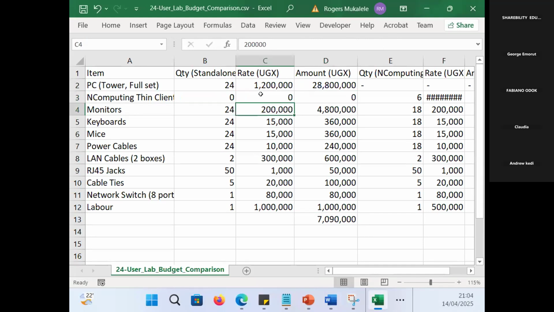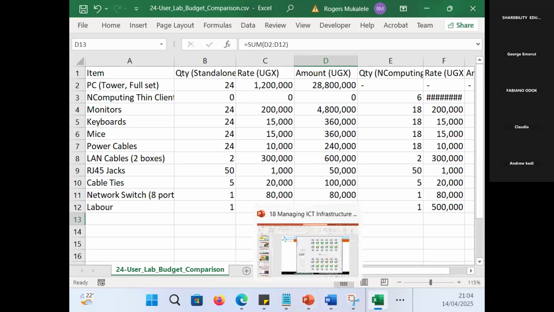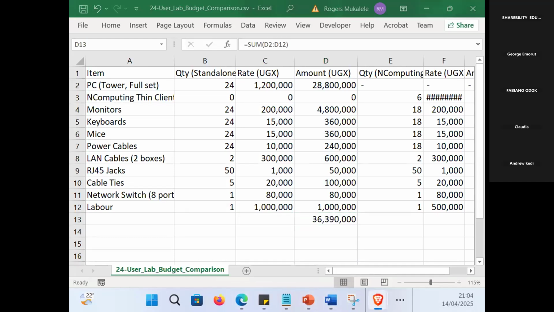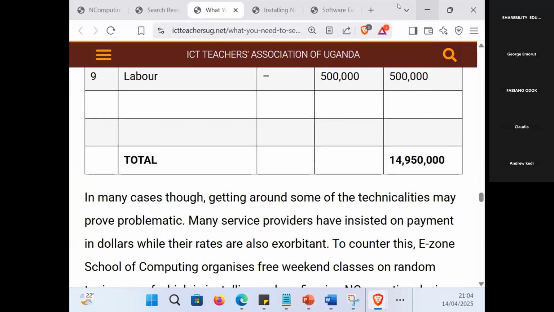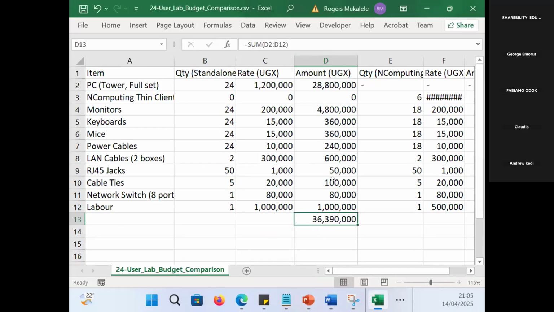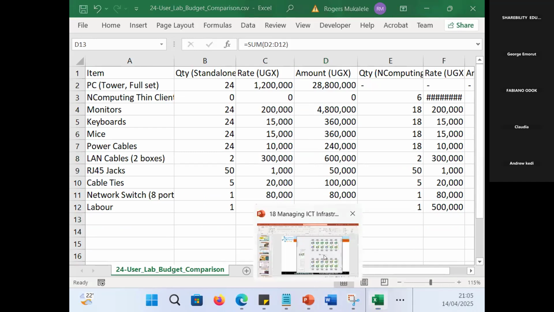Okay, so when I have something like that, I'll be able to have a total of 36 million. So note that the original article had around 15 million. But this one, at least to be a bit more realistic, we have put around 36 million. So this 36 million should be able to help me set up a lab like this.